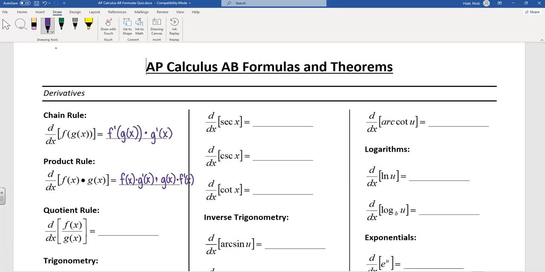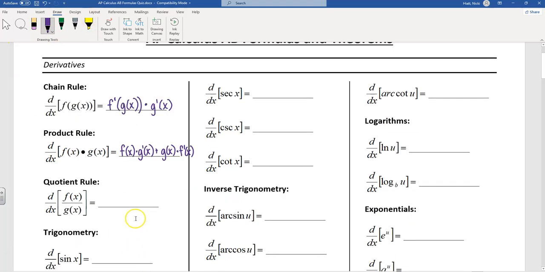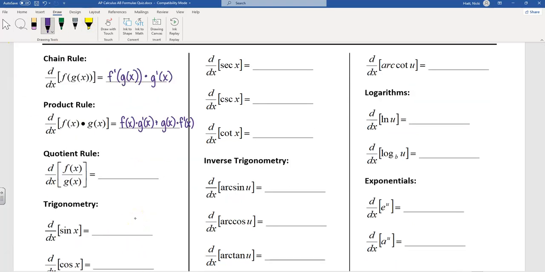Okay. Quotient rule, and even as I'm saying these, I'm thinking, oh gosh, if I gave you guys the quotient rule derivative, I don't think half the class, I don't think a third of the class would get it right now. So, low D high, so g of x times f prime.